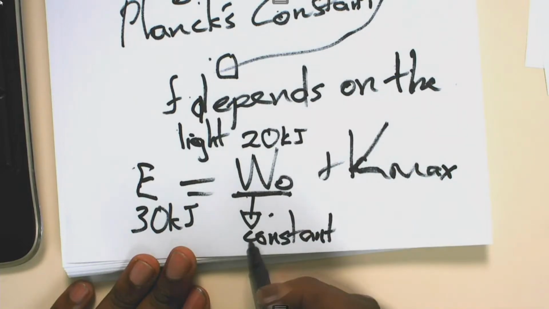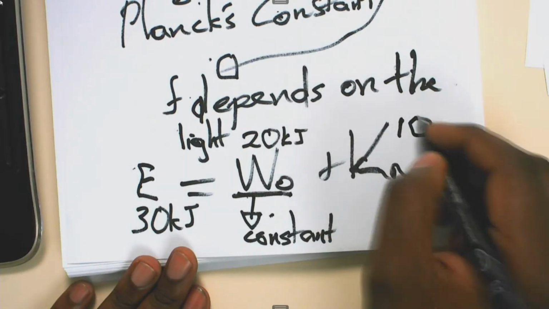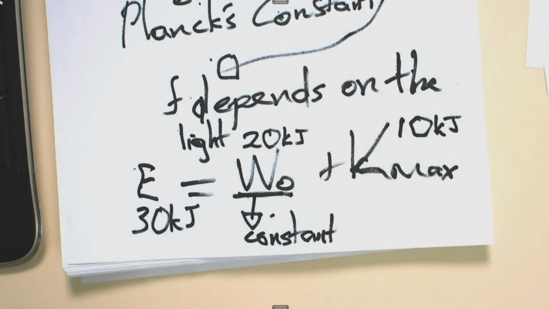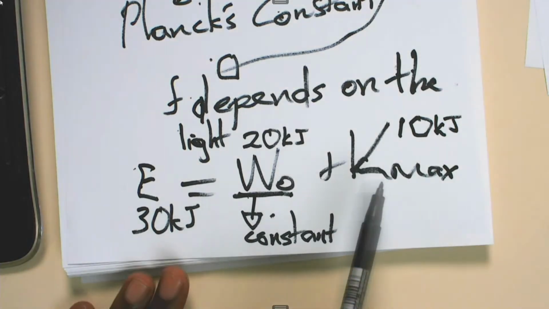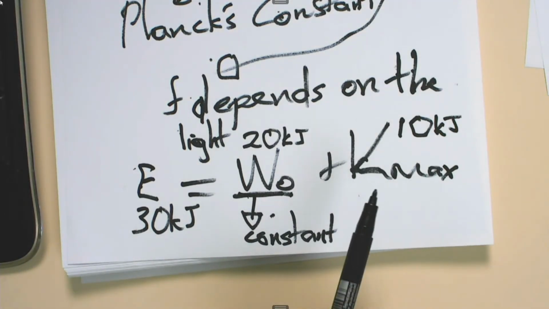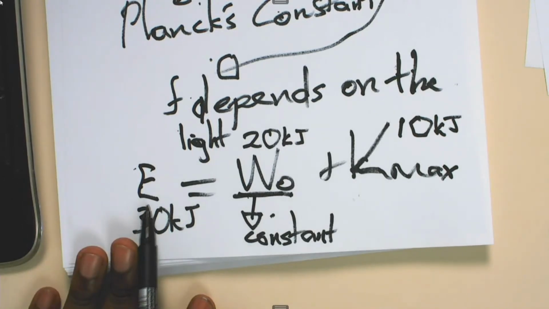And then in this case, now the kinetic energy will be how much? It will be 10 kilojoules. So it is important that we understand this, that for us to increase the kinetic energy of the photoelectrons, we need to use light of a higher frequency.